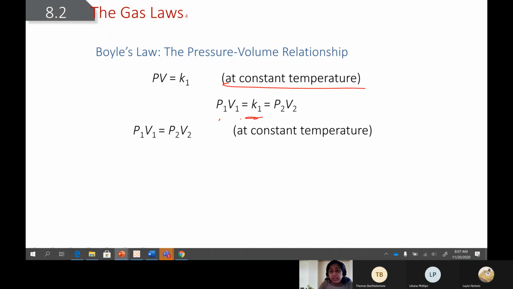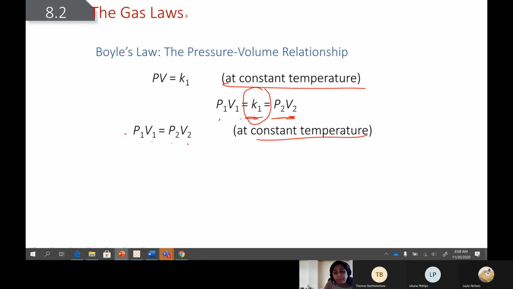Then again for any combination of the pressure and volume, the multiplication of pressure and volume equals that same constant as long as you do not change the temperature. So we can come up with a new equation which relates different pressure and volume combinations at constant temperature as P1 V1 equals P2 V2.